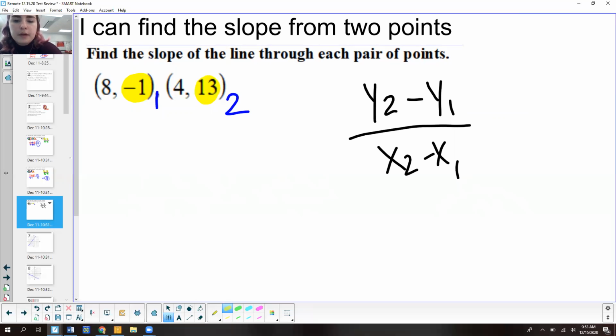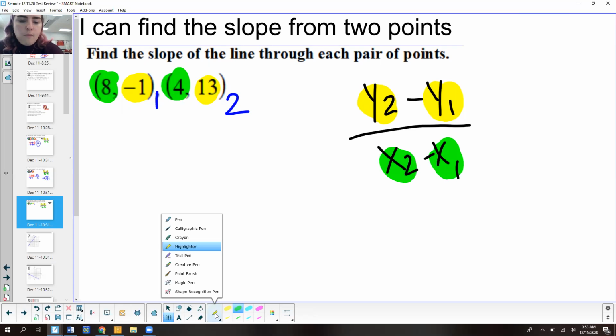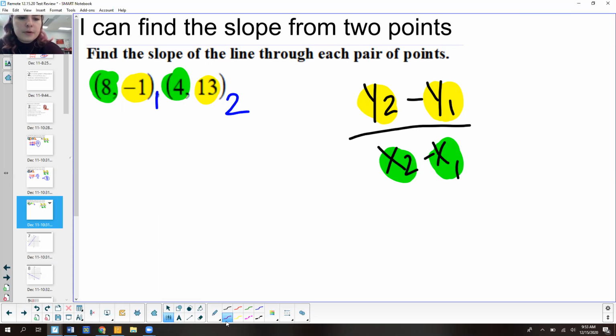So I've got my y values in yellow, and I've got my x values in green. All right, remember we're writing this in x comma y format.